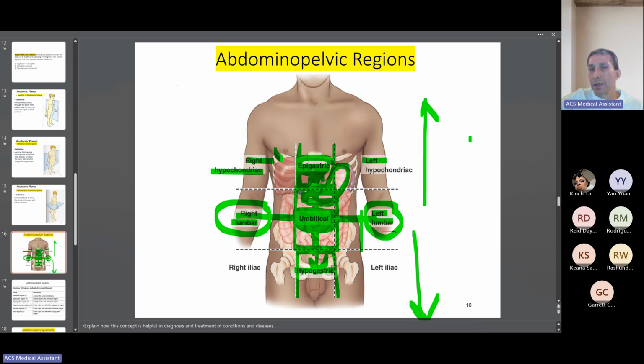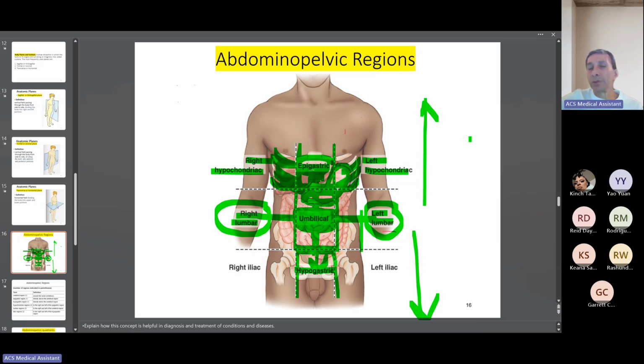Chondriac is the ribs. So right here we have the right hypochondria because it's below the ribs. Hypo, below, chondriac, ribs. So right hypochondriac, left hypochondriac, because we have the two sides of the chest, right? That's it.